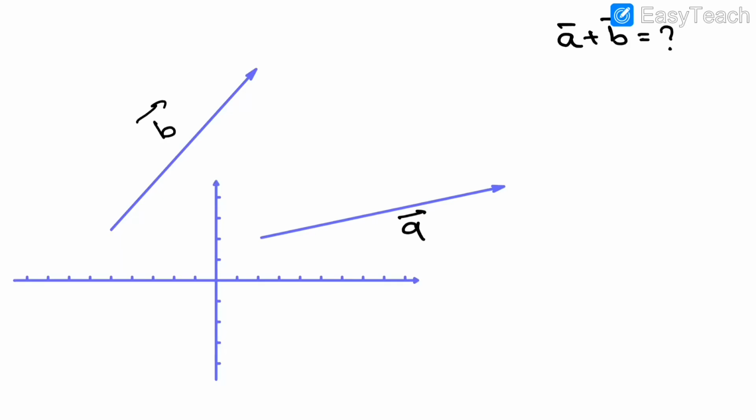What we have to do is translate this parallelly, without changing its angle or anything. We just parallelly translate it. Draw it parallelly; this is parallel to this.